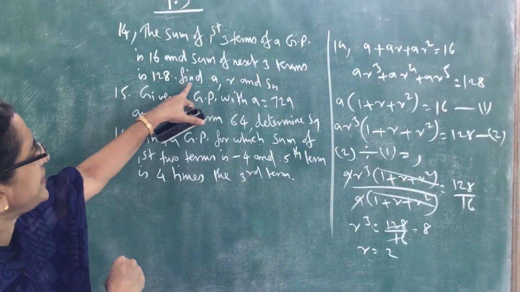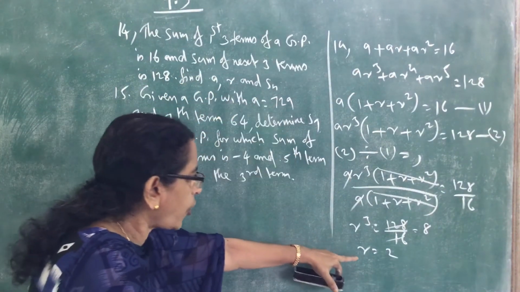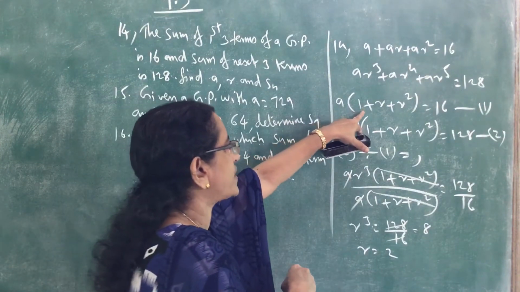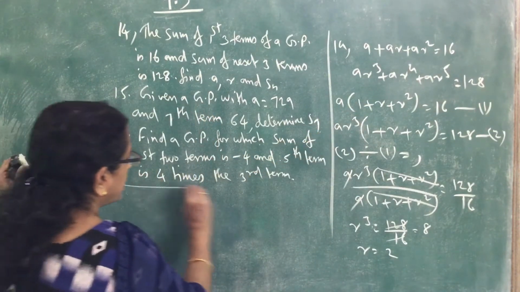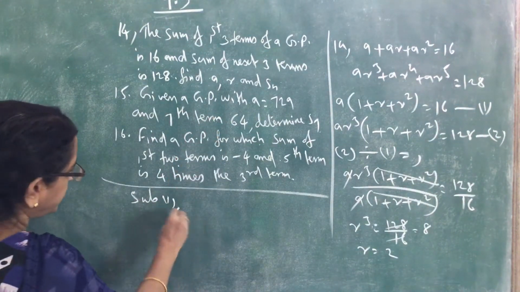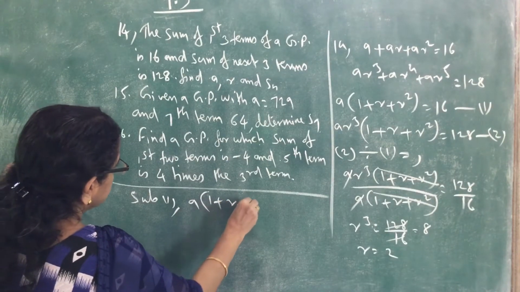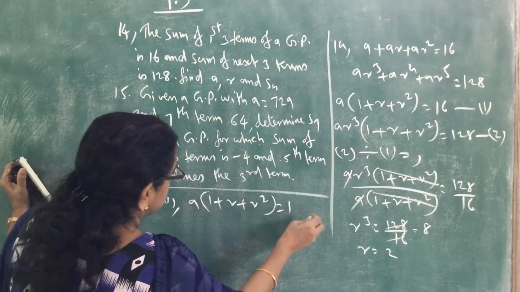We want to find the first term A, common ratio and sum to n terms. So we got R equal to 2. We can substitute in equation 1: A into 1 plus R square equal to 16.